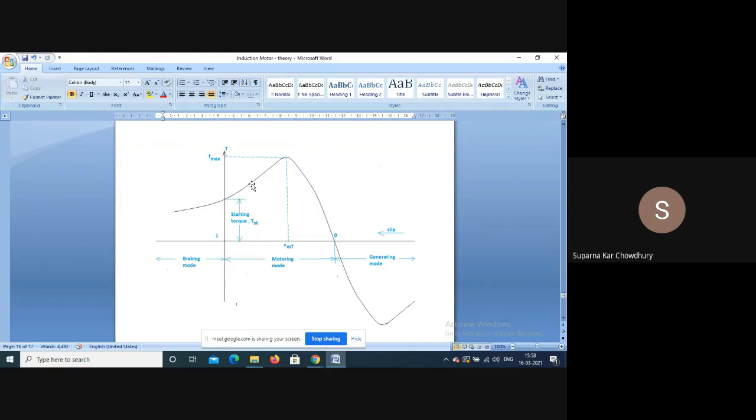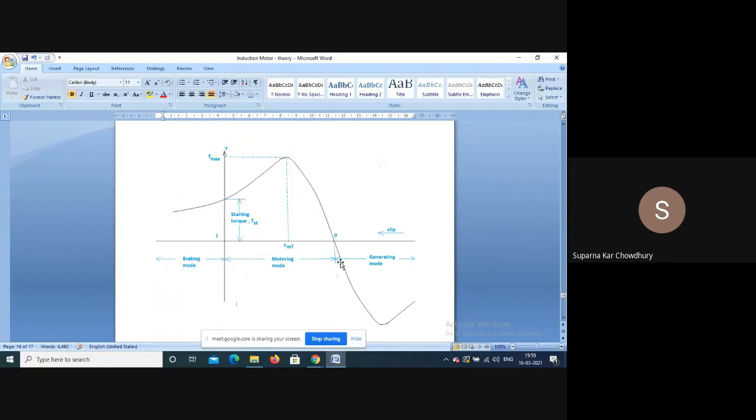Near to slip equal to 1, it is approximately inversely proportional to slip. Then at S max the torque is maximum, then it is decreasing, and in this region it is approximately proportional to the slip. So this is the motoring mode, 1 to 0.